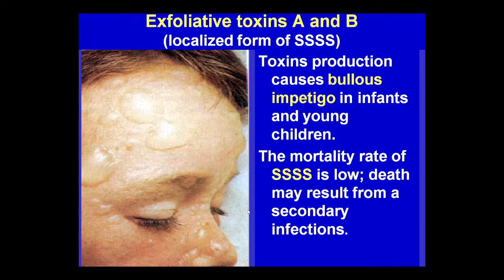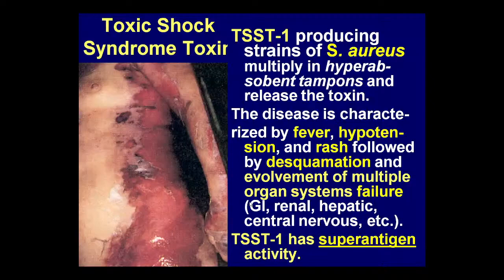The mortality rate is very low unless recolonization of the damaged skin with secondary pathogens happens. Then it may lead to death. Here you can see the result of the activity, and this is a post-mortem picture of the staphylococcal toxic shock syndrome toxin.